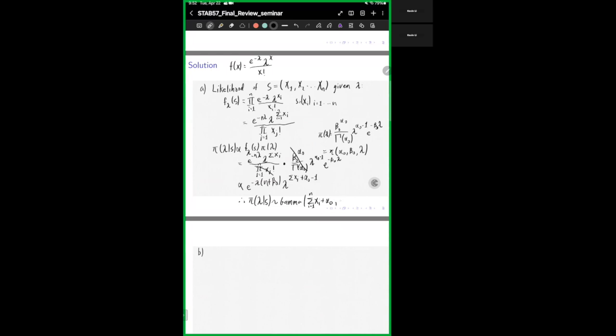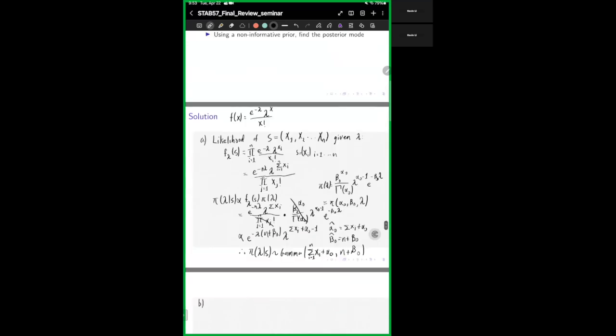And n plus beta naught, so this one is minus lambda times, this is our new beta naught. So we can say that the new alpha naught is equal to the sum of xi plus our old alpha naught, and the new beta naught is equal to n plus beta naught, our original beta naught.